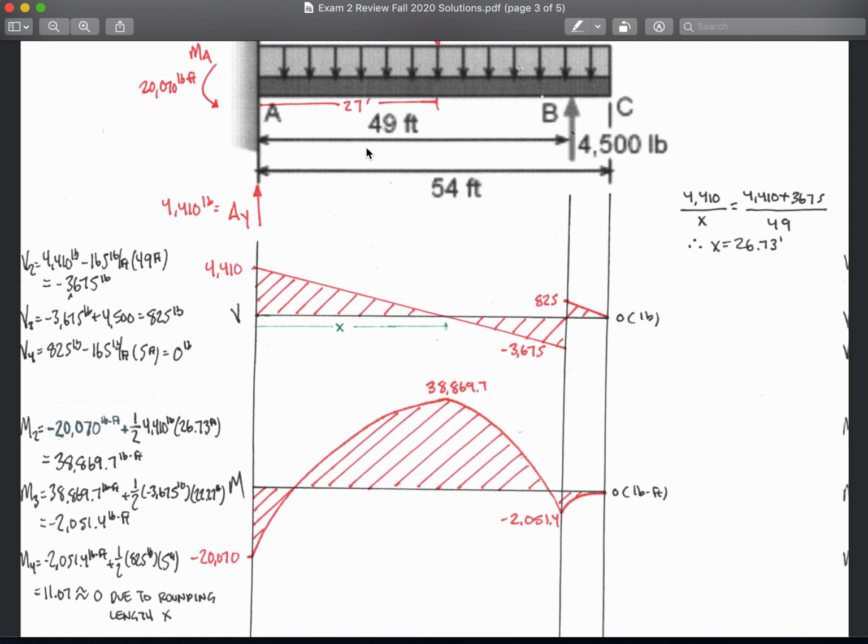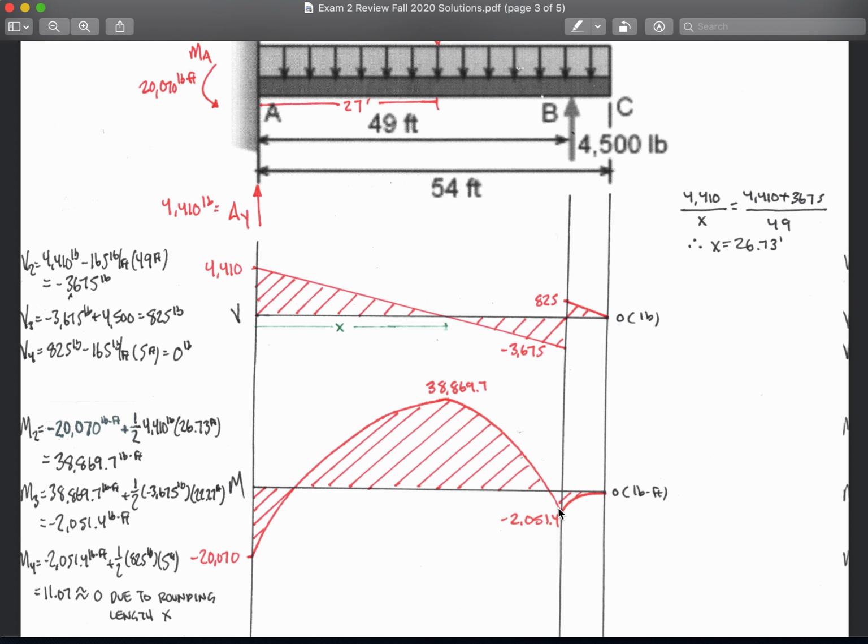I got this by subtracting 49 from 26.73. Okay, I get 22.27 is the remaining distance, this distance right here. Okay, and then I get a negative 2,051.4 pound-feet. So it goes back into the negative down here.